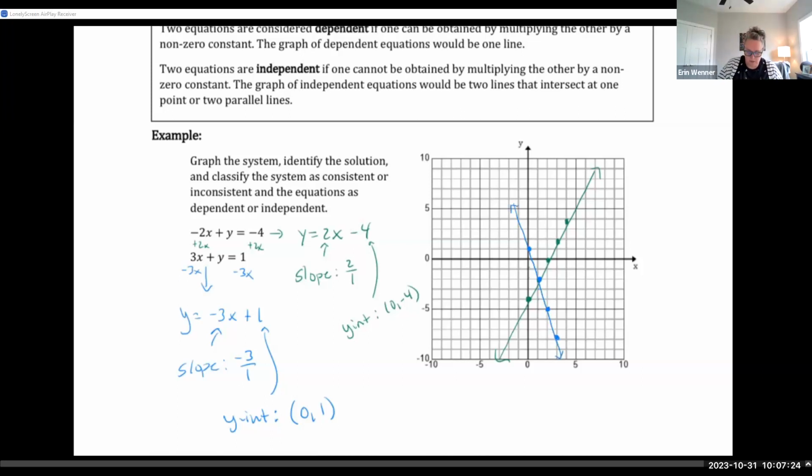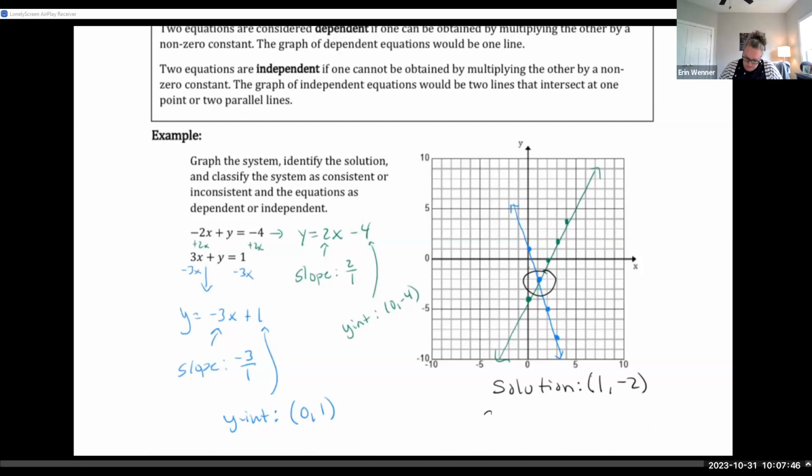Because these two lines intersect at one point, I can see that intersection right here, okay? So we can say that we have a solution. The solution to this system is the point (1, -2), right? We can identify that ordered pair. We'd have to go to 1 and then down to -2.